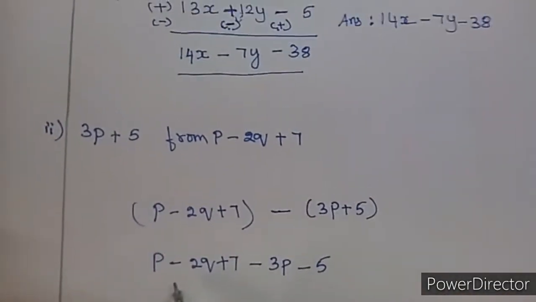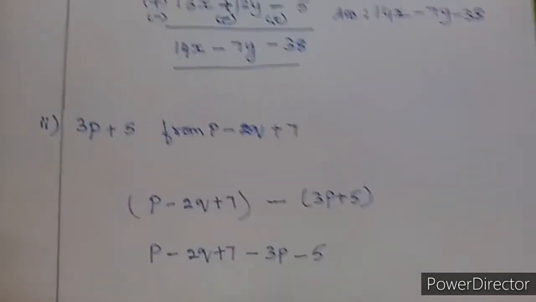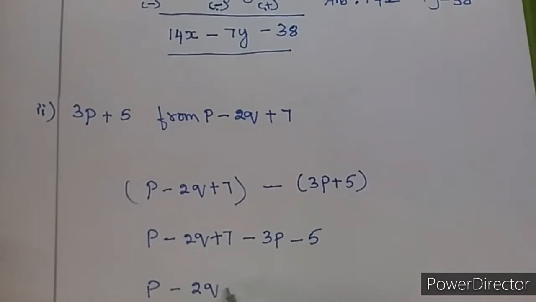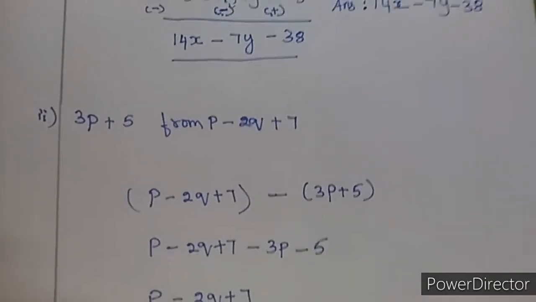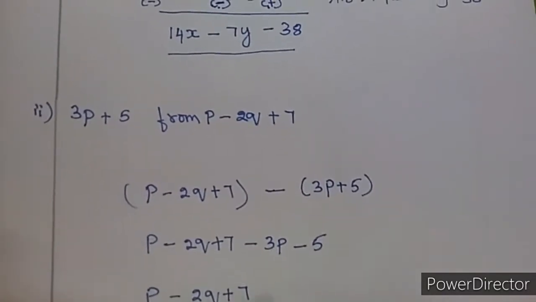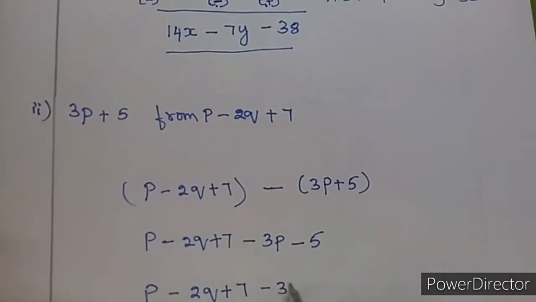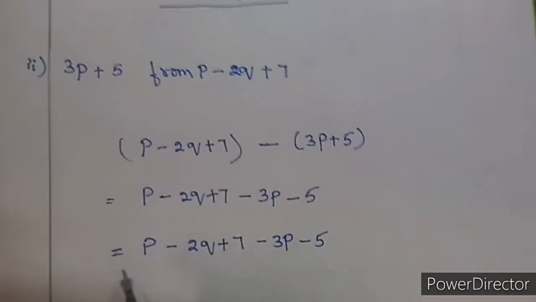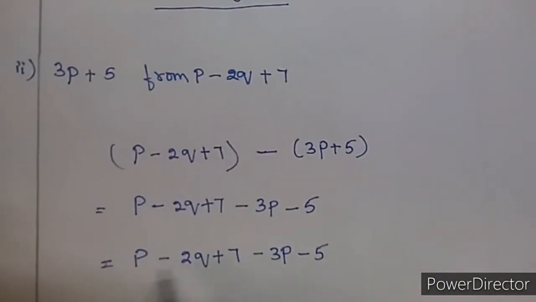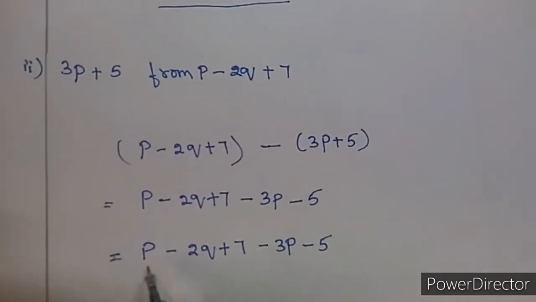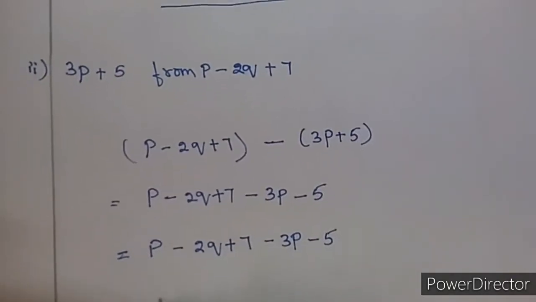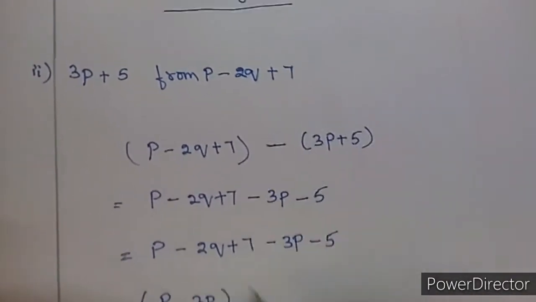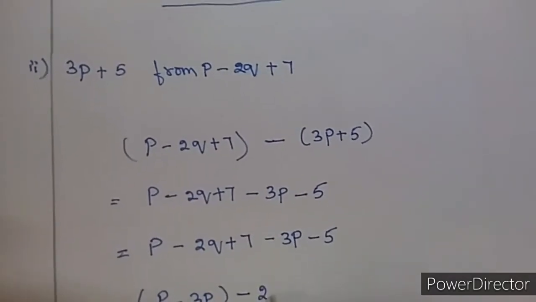Now we have to arrange the terms. So P minus 2Q plus 7, and minus 3P minus 5. Join the like terms: P and minus 3P, minus 2Q.